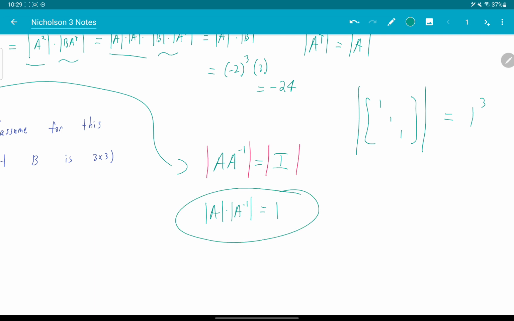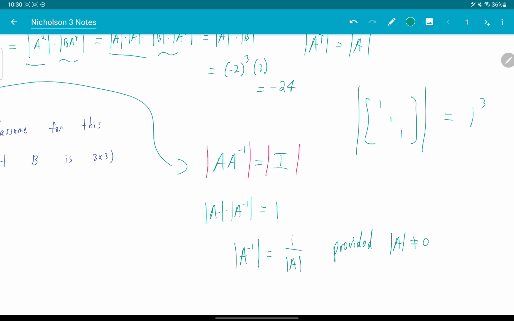What do I care? Well, I have a formula for the determinant of A inverse now. It's going to be 1 over the determinant of A, provided that this number is non-zero.